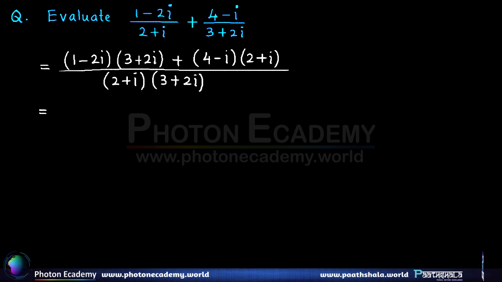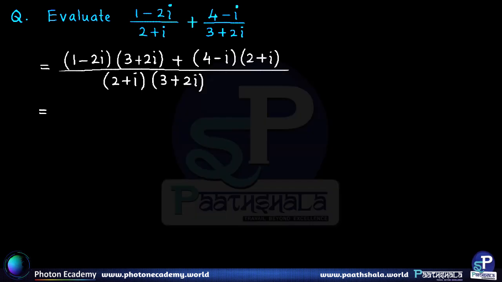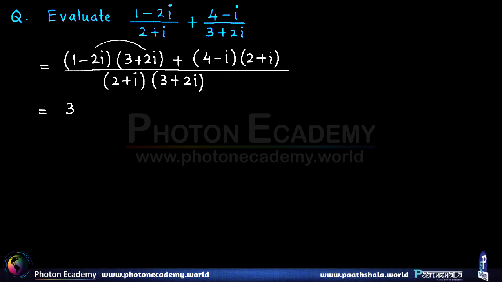So that equals. Now when we want to multiply two complex numbers, we know that first we calculate the real part of the final product by multiplying both the real parts as well as both the imaginary parts. So real into real, 1 into 3 will give us 3, and minus 2i into plus 2i gives us minus 4i square, which in turn is plus 4 because i square is minus 1. So here we have plus 4.